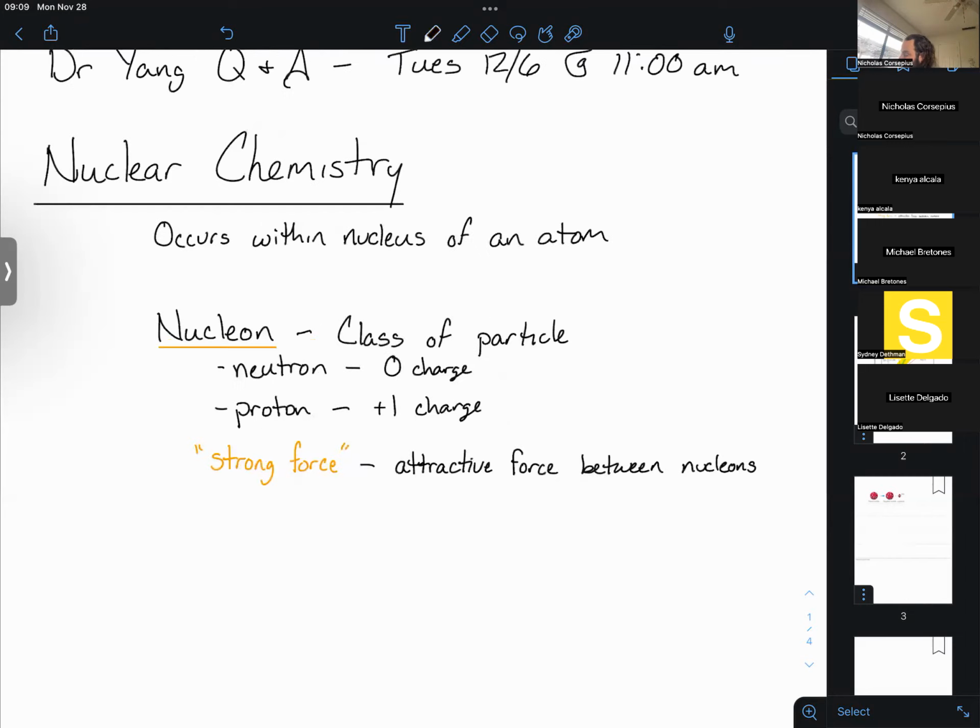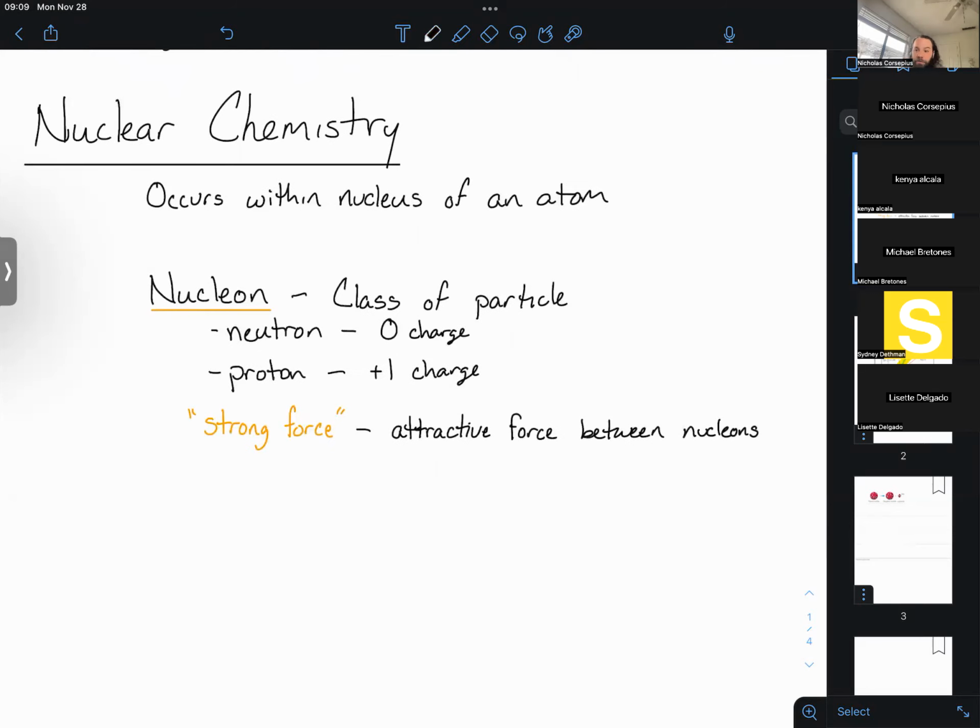All nucleons, just by virtue of being a part of this special class, have this strong force, which is this attractive force that holds things together. It only matters across very short distances.